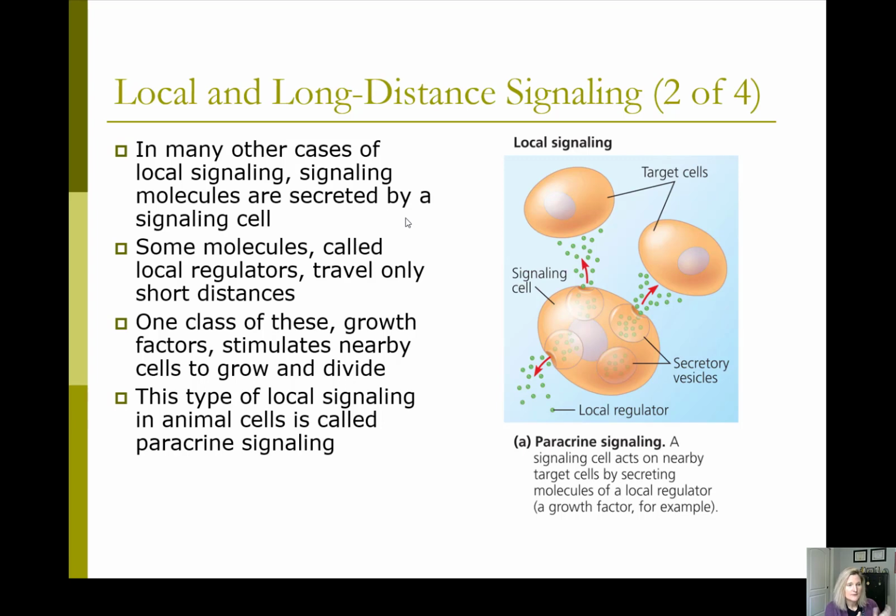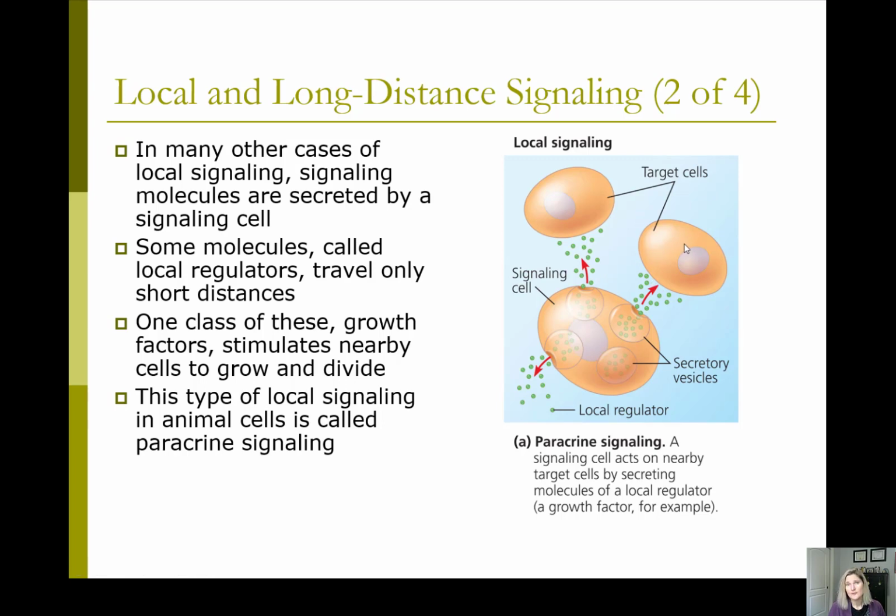And there's all sorts of different types of this local signaling. So again, basically, we can have something called paracrine signaling. So in paracrine signaling, you can see the secretion of some sort of chemical or some sort of substance, and then that's going to reach a nearby target cell.